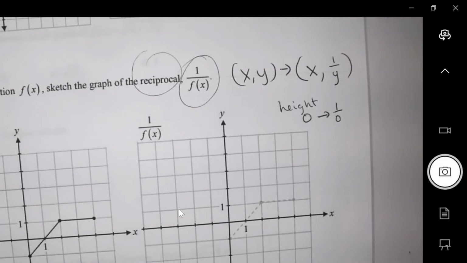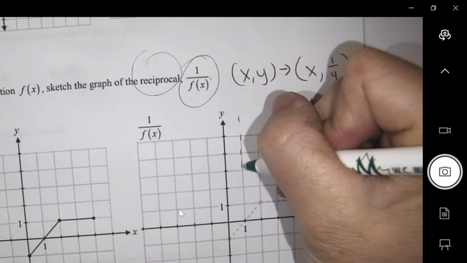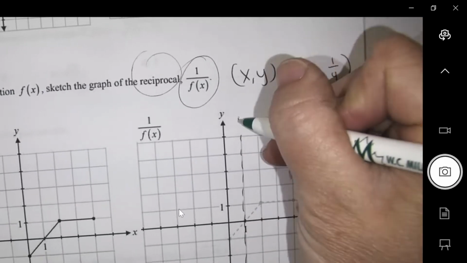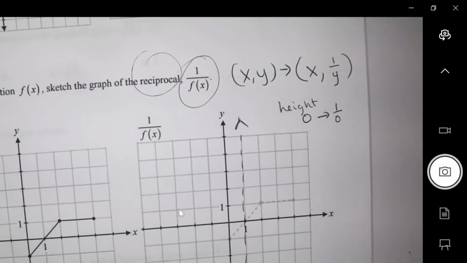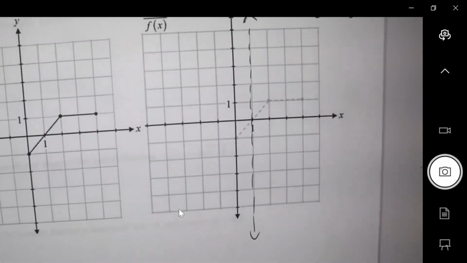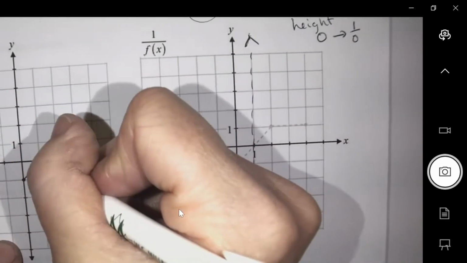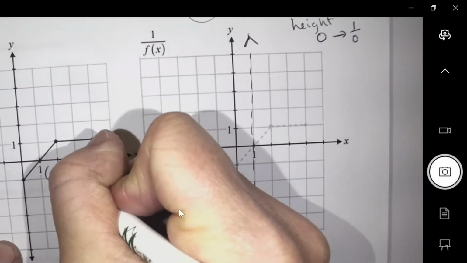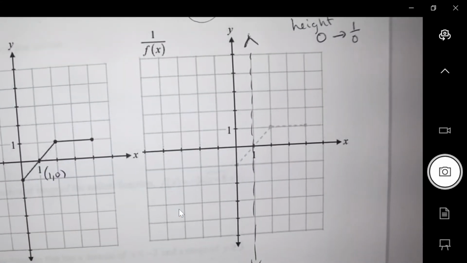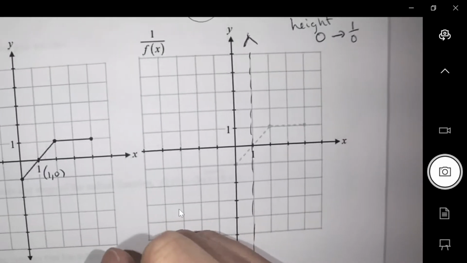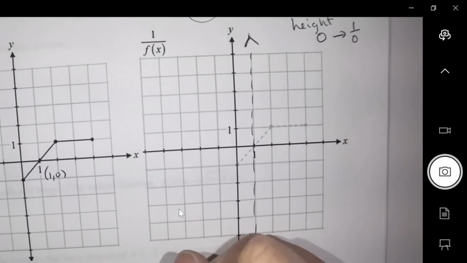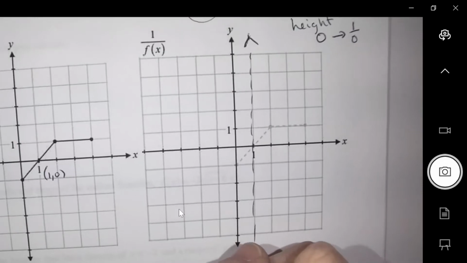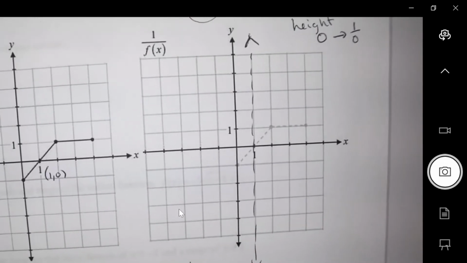So how do you graph the number undefined? An asymptote. So for instance here, this coordinate is 1, 0. So now it's going to turn into the coordinate 1, comma, undefined. So how do you graph undefined? Asymptote. Okay.